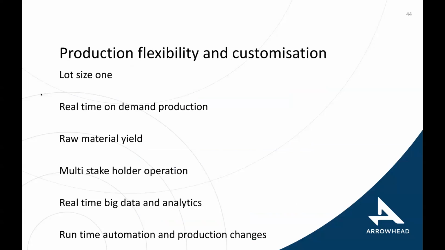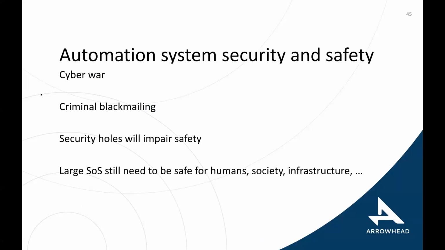If we just take some keywords from these, we see lot size one production, real-time on-demand production, raw material yield, multi-stakeholder operation, real-time big data analytics, and one-time automation of production changes. But we also see the situation of cyber war, criminal blackmailing, and security holes that will impair safety.